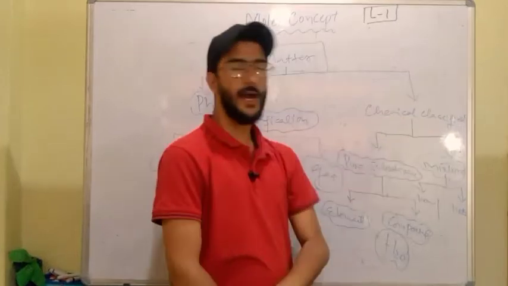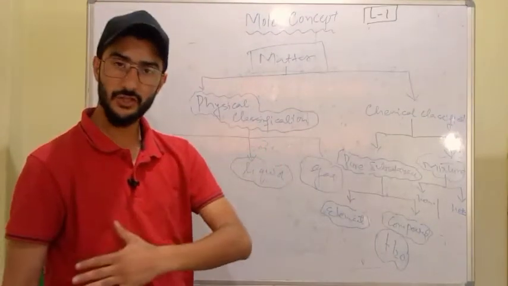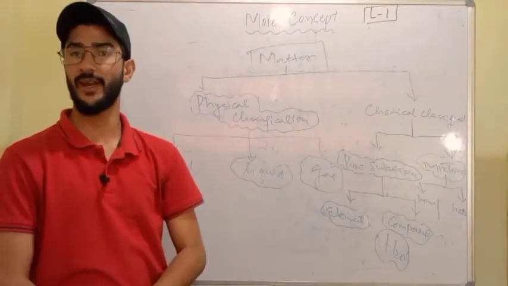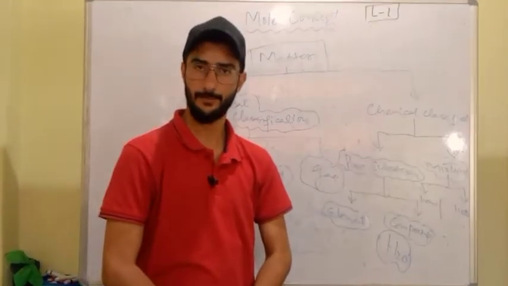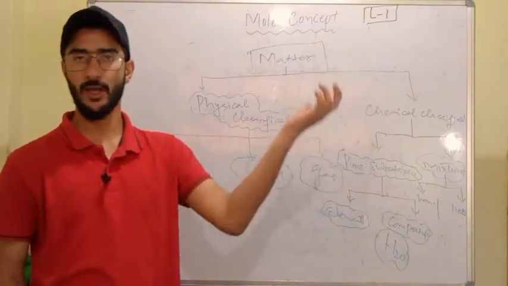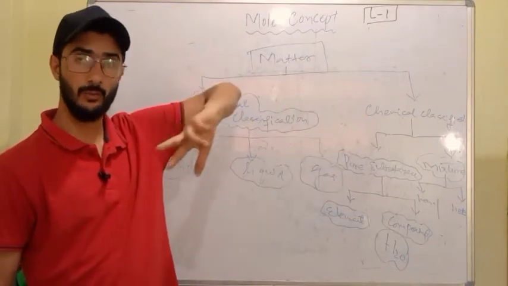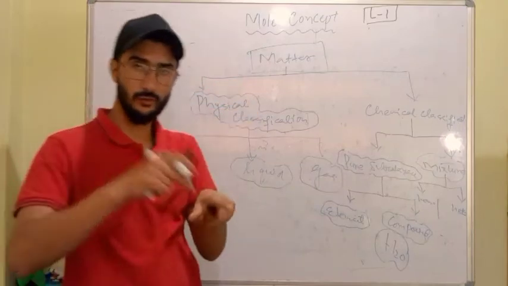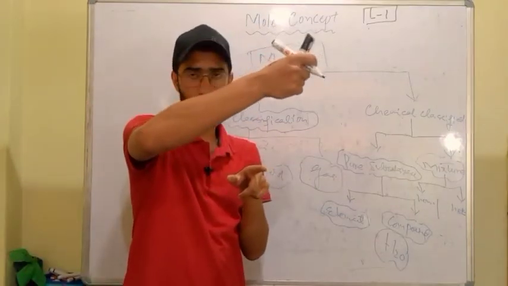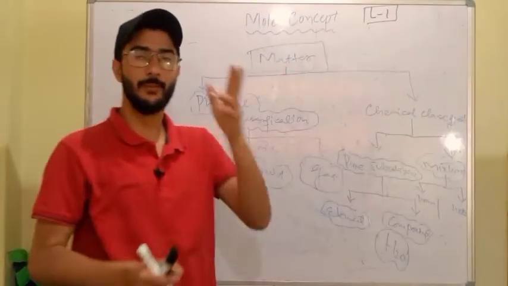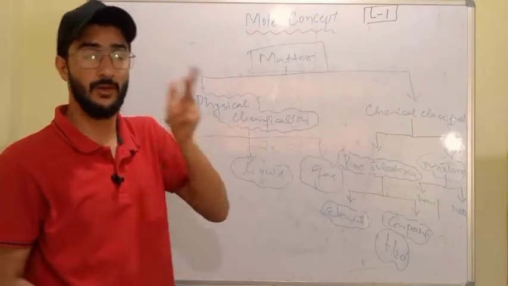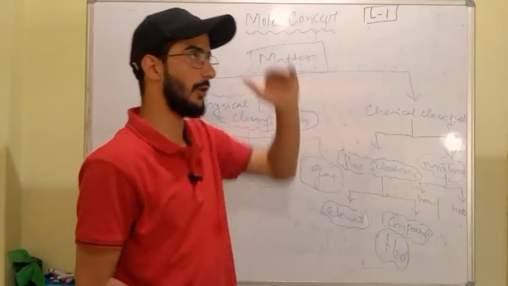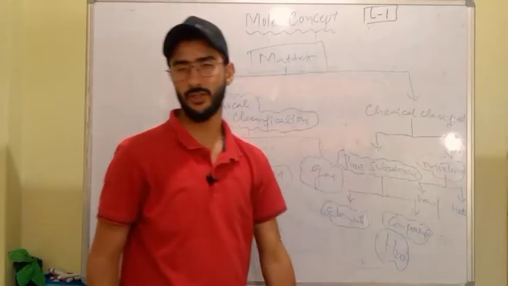Heterogeneous mixtures are those in which we get two distinct phases. For example, if I mix oil in water, though both are liquids, there is a phase difference between the water and the oil, which means it is a heterogeneous mixture.